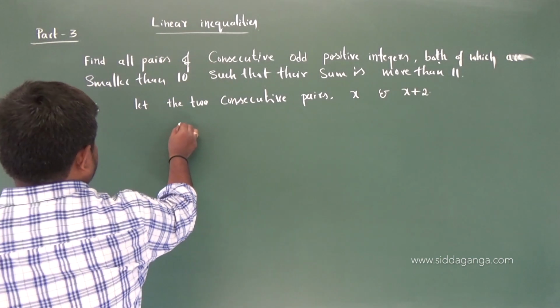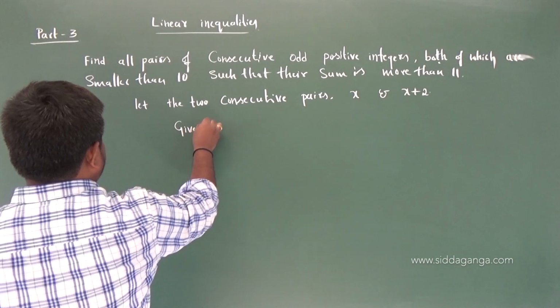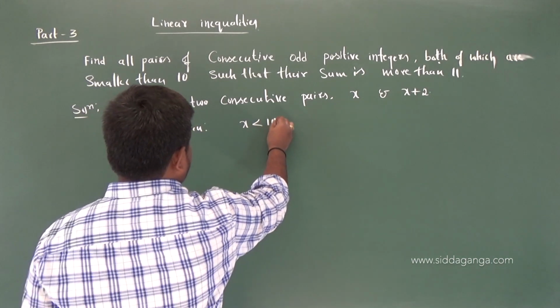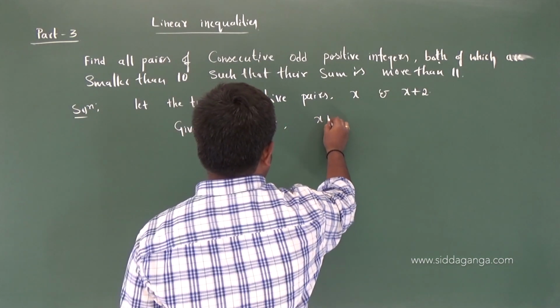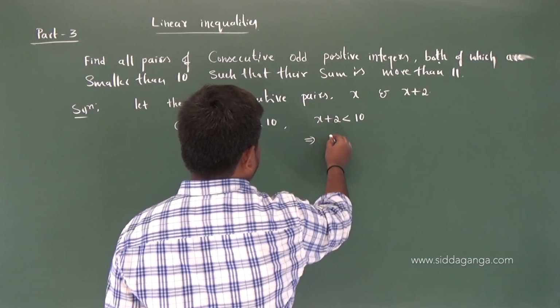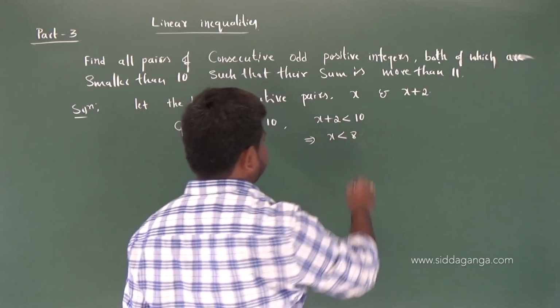Given that both are less than 10, x is less than 10 and x plus 2 is also less than 10. If you simplify this, you get x is less than 8.